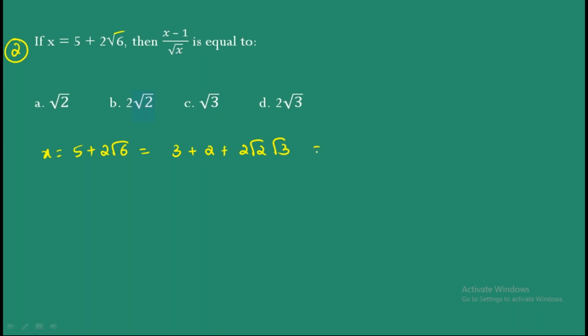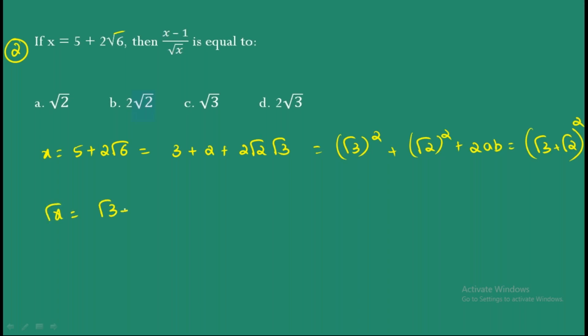Now this you have to write as a square, so a square, then b square, then 2ab, which is nothing but (root 3 plus root 2) whole square. x is this. Obviously root x is nothing but root 3 plus root 2. Okay, fine. You want 1 by root x here. What is 1 by root x? We should do rationalization.